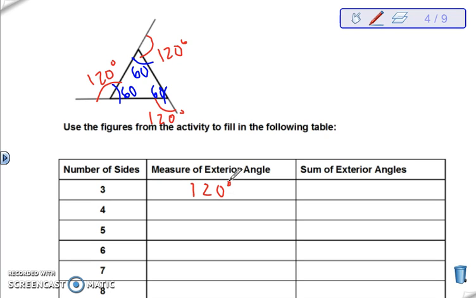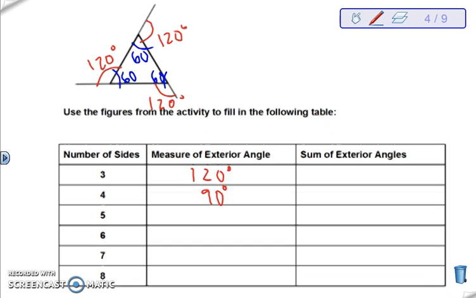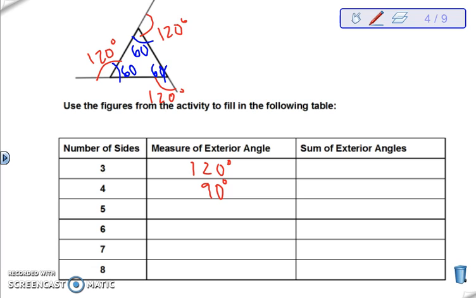For a regular polygon with 4 sides, we know that would make a square, so these would all be 90 degrees. If it's 5 sides, we got 540 for the total degrees of the pentagon, which means each angle inside would be 108 degrees, which means I would have 72 degrees on the outside.